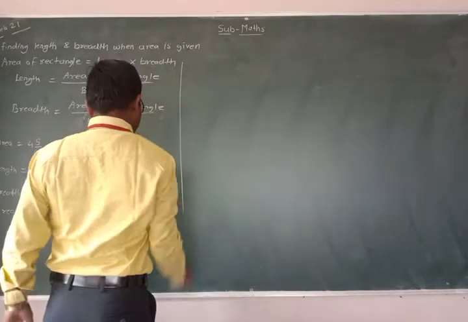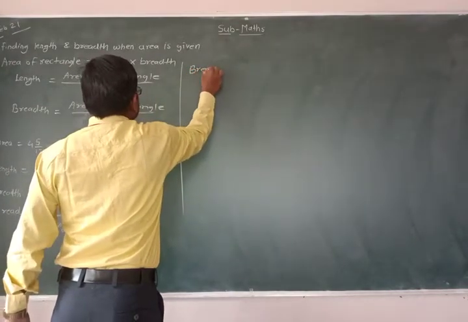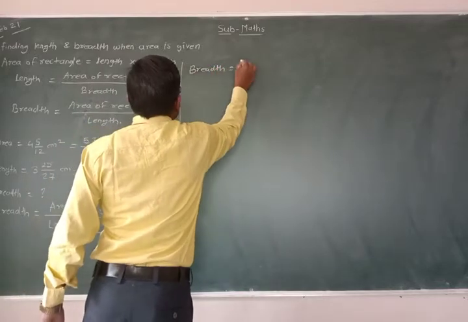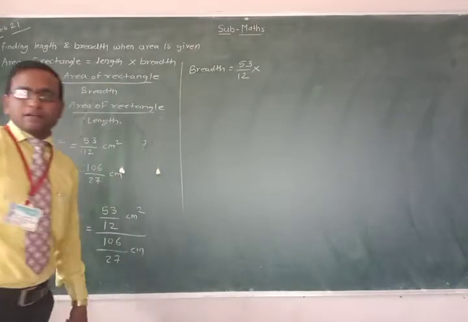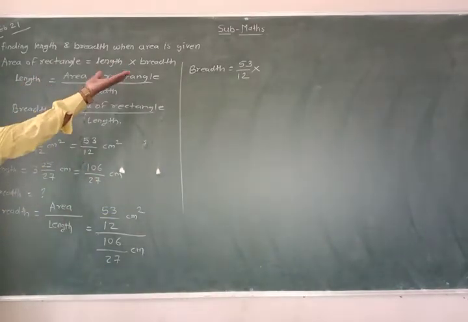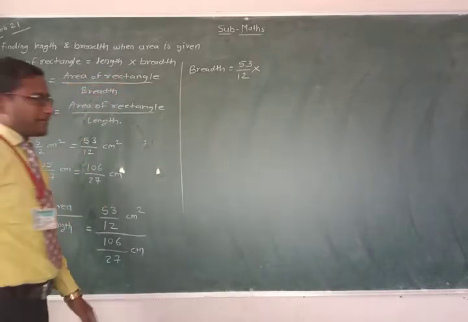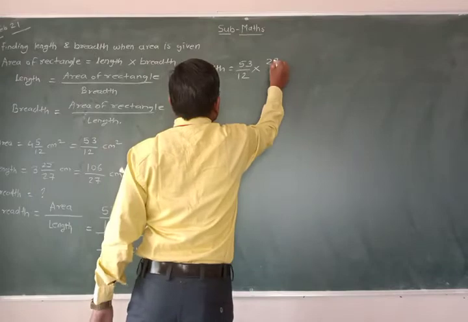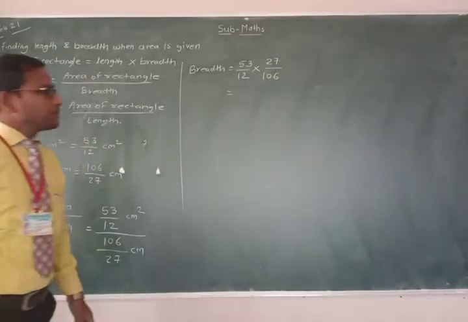So first you write breadth is equal to 53 upon 12 as it is. Division is converted into multiplication sign. So 27 goes to numerator and 106 goes to denominator, 27 upon 106.